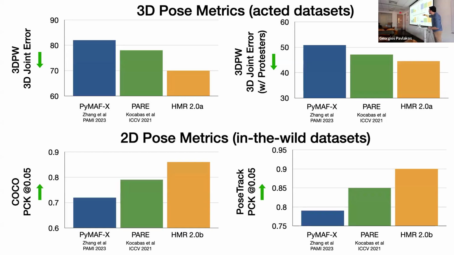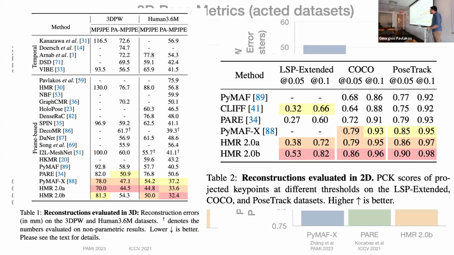Here we only evaluate 2D pose, how well the 3D pose aligns with the 2D key points of the body. Here higher is better, and we perform better than the baselines. This is quite a populated area. We didn't just compare with two methods; there's a whole table with all the methods we compared against, but the evaluation is very thorough with the state of the art.